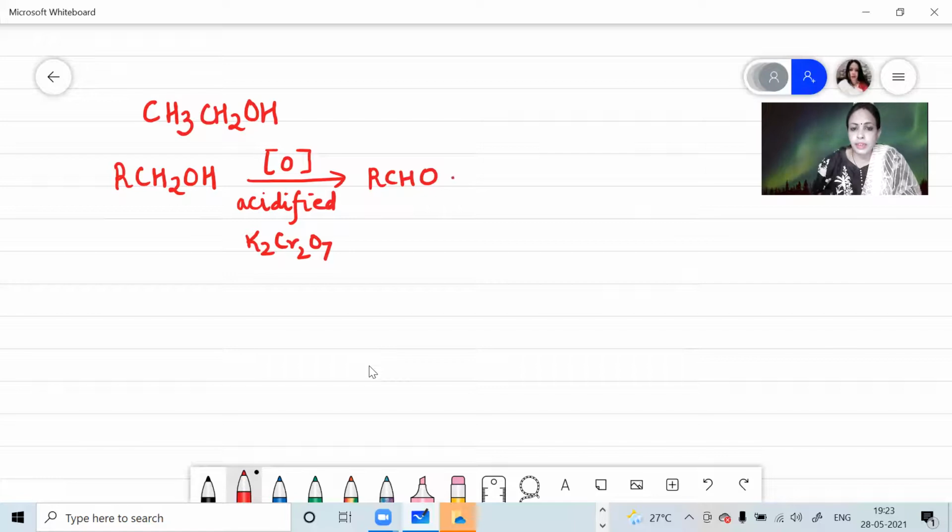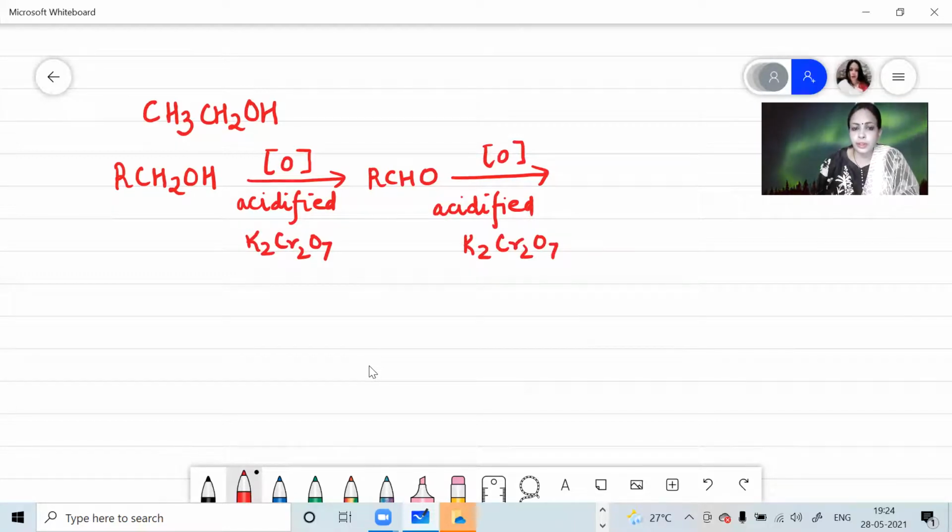Now this aldehyde on further oxidation, again we will be using acidified potassium dichromate K2Cr2O7 to bring about the conversion. So this RCHO will change into the carboxylic acid.